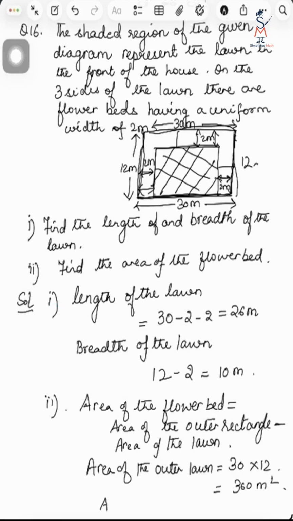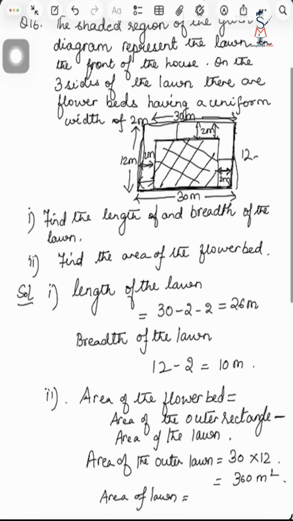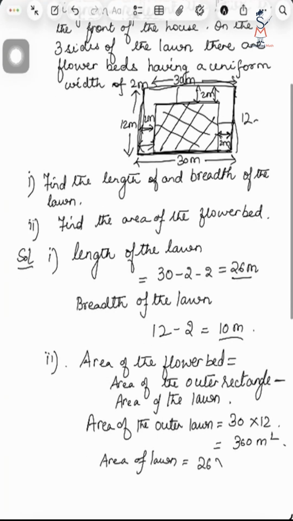And what is area of the lawn? We found the measurement of the lawn, the length and breadth of the lawn, that is 26 and 10. So what it will be? 26 into 10, that is 260 meters square. Everything is in meters, so meter square.